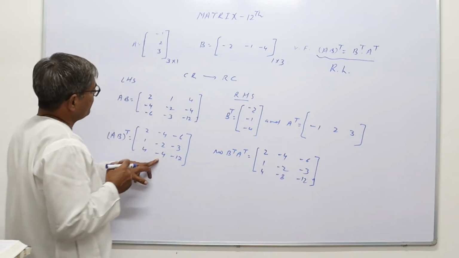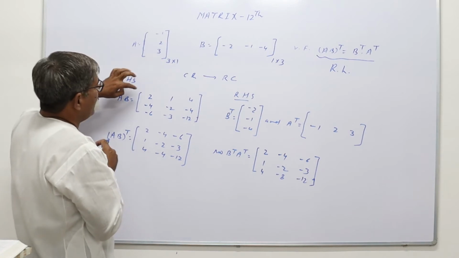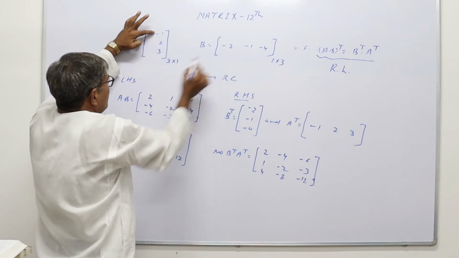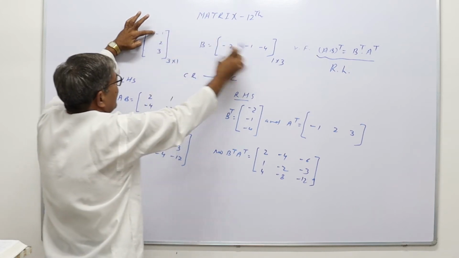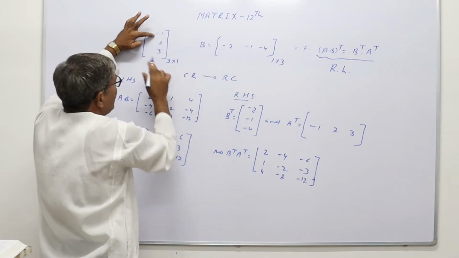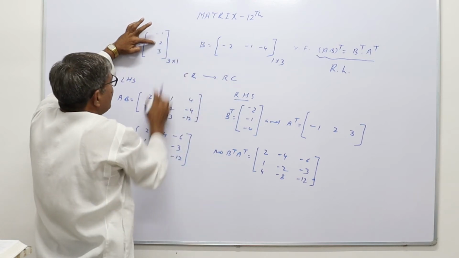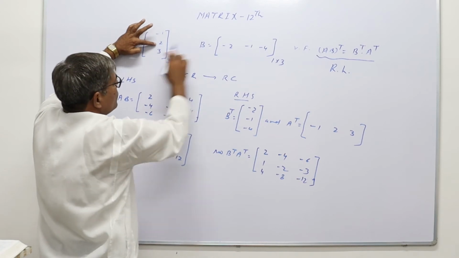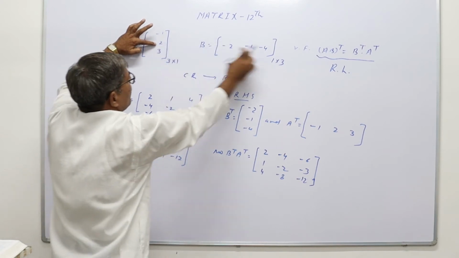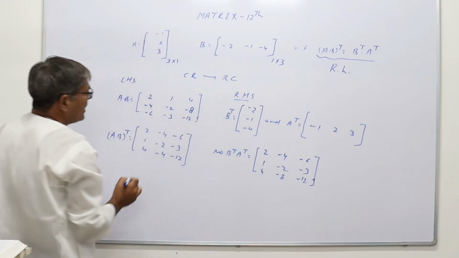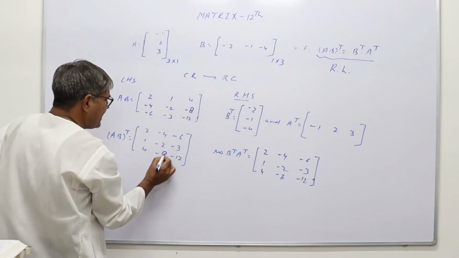Again check the AB multiplication. Minus 1 into minus 2, plus 2; minus 1 into minus 1, plus 1; minus 1 into minus 4, that is plus 4. Then 2 into minus 2, minus 4; 2 into minus 1, minus 2; 2 into minus 4, it was minus 8. So it will be minus 8.